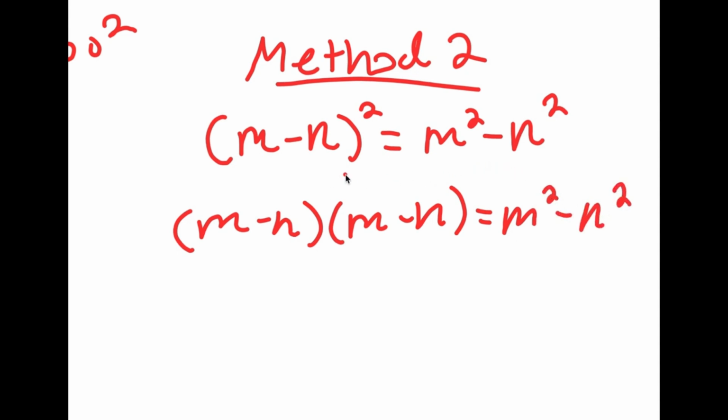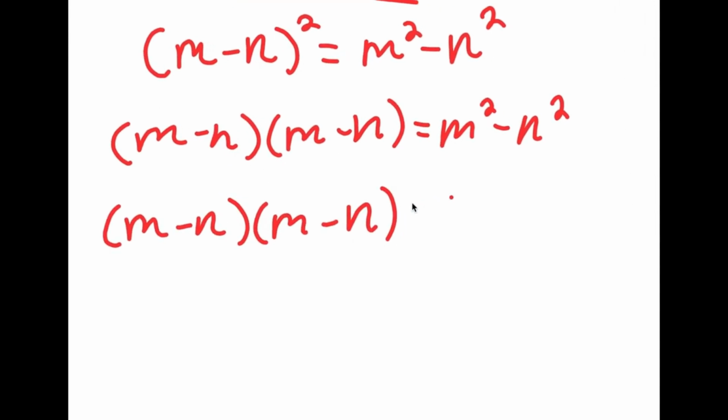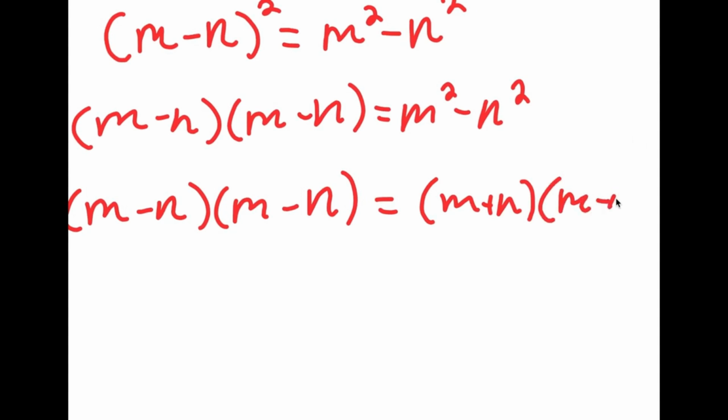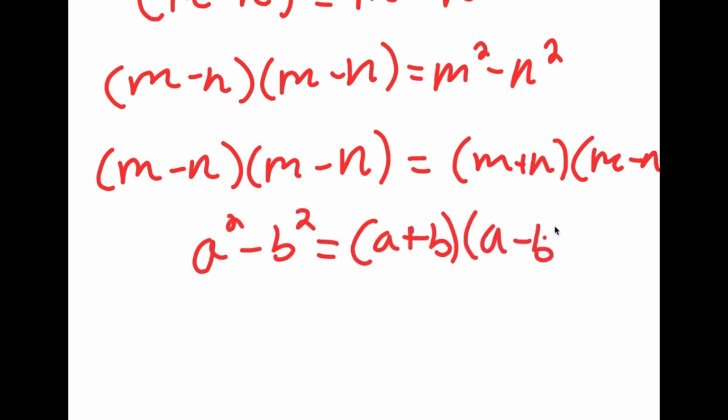And now from here, I'm going to rewrite m squared minus n squared as m plus n times m minus n, because if I have something in the form a squared minus b squared, this is equal to a plus b times a minus b.